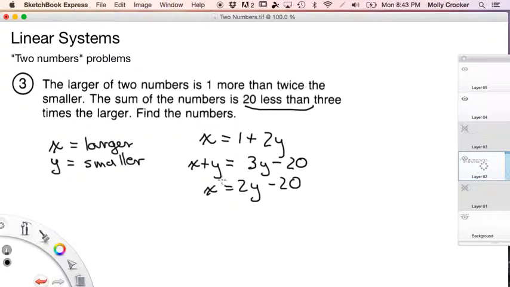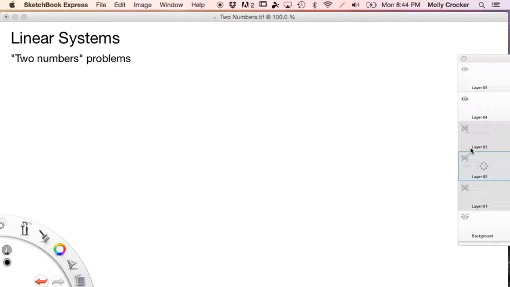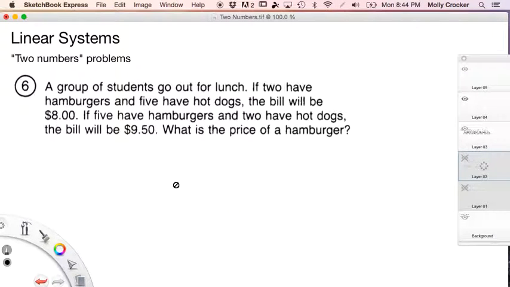I could plug it in down there. Or since x is worth that much, I could plug it in up here. Or since x is this and x is that, I could set those two expressions equal to each other. So there's several different ways you could approach solving this equation. I'm going to leave it like that. I'm going to let you figure out what to do from here. So closing that up, let's go to another one.